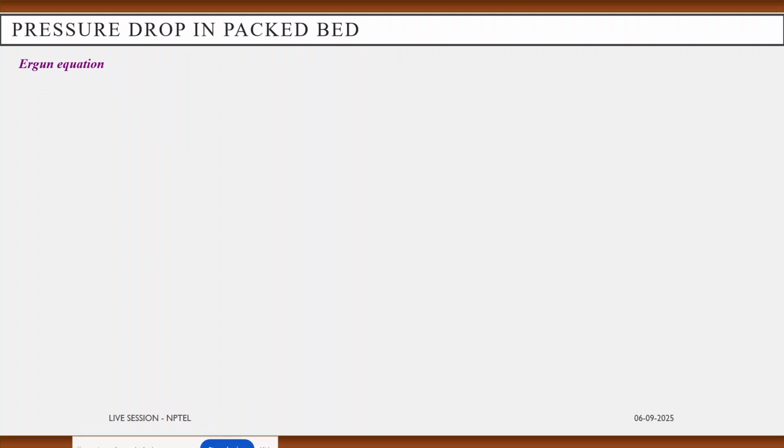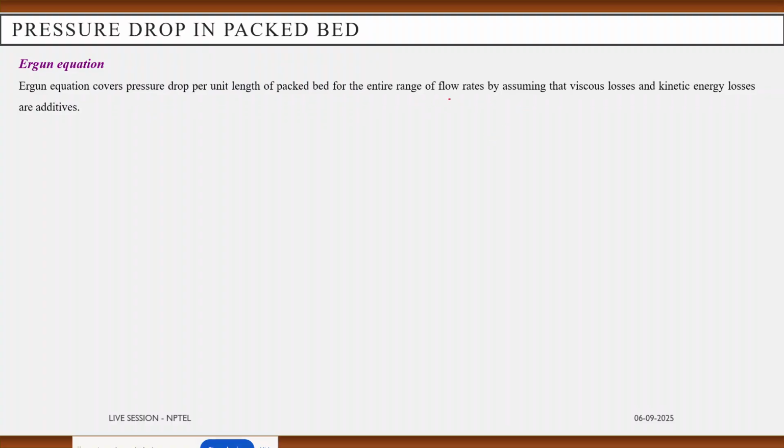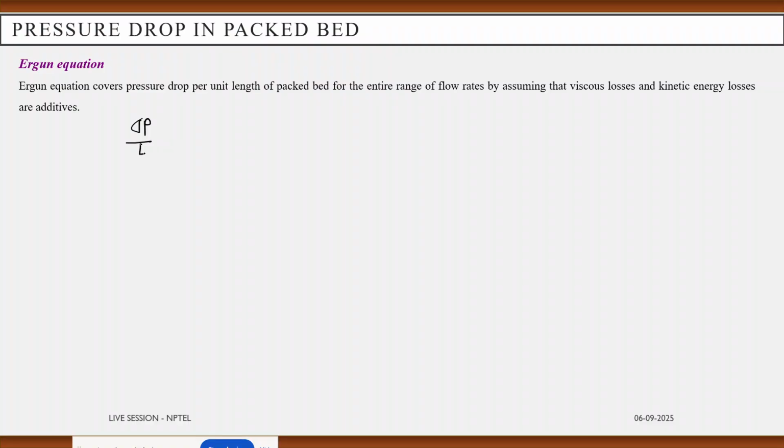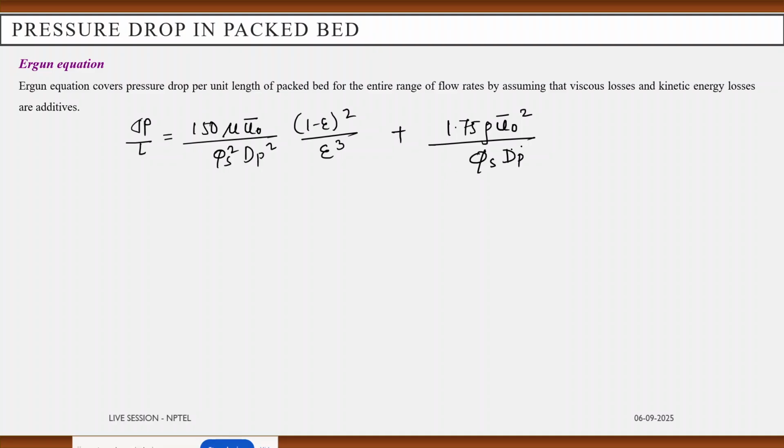The next part is the pressure drop in a packed bed when we are considering the entire range of flow rates, assuming all the viscous losses and kinetic losses are additive. So this Ergun equation can be just the summation of these two that we have just derived: del P by L equals 150 mu u, phi s dp square, (1 minus epsilon) whole square by epsilon cube, plus 1.75 u naught square by phi s dp, (1 minus epsilon) by epsilon cube.